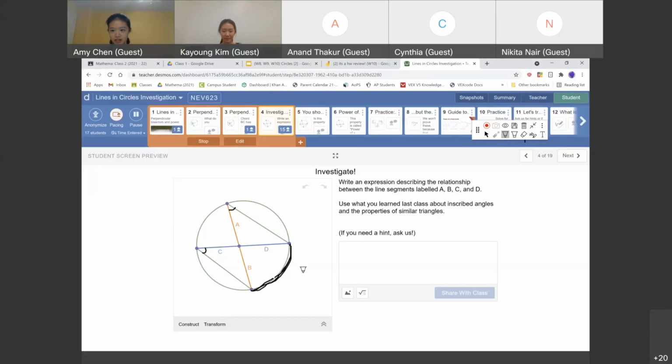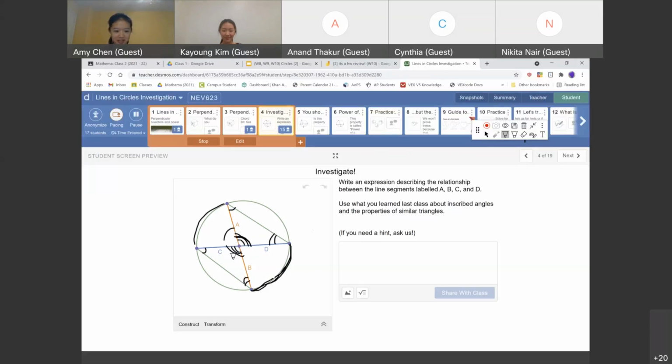And this arc over here has this angle and this angle congruent because they intersect the same arc. And this angle over here and this angle over here are also congruent.